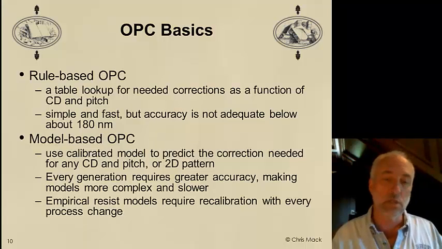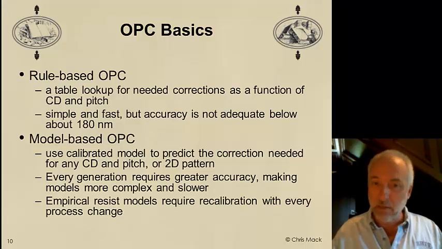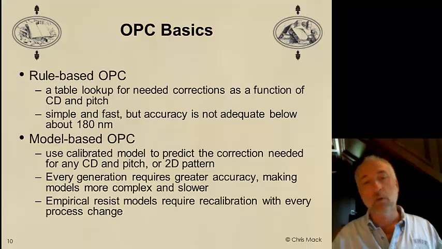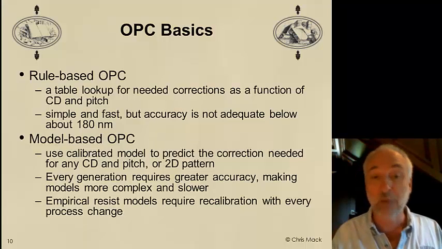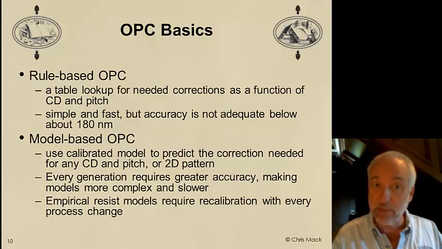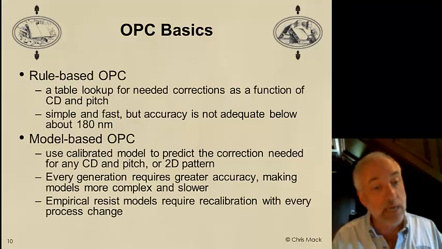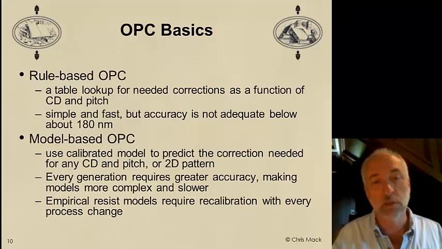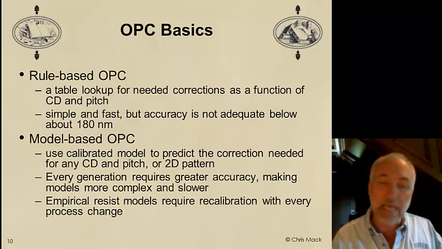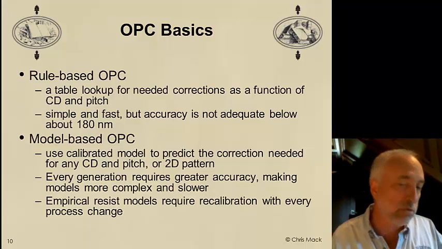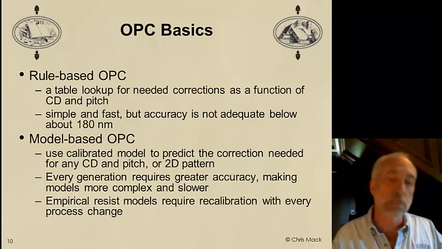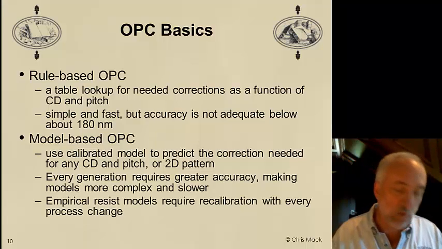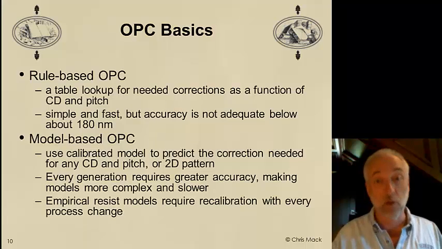One of the reasons is that making the models better, more physically accurate, requires more computational power. And remember what we have to do here. We have to calculate or predict or model an entire chip. We have to apply OPC everywhere on the chip. Chips have billions of features, and to make these models more complex and more accurate, they get slower.